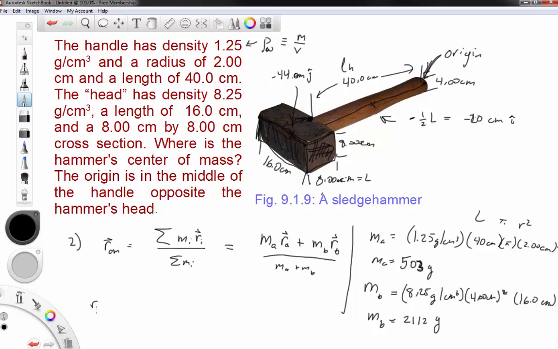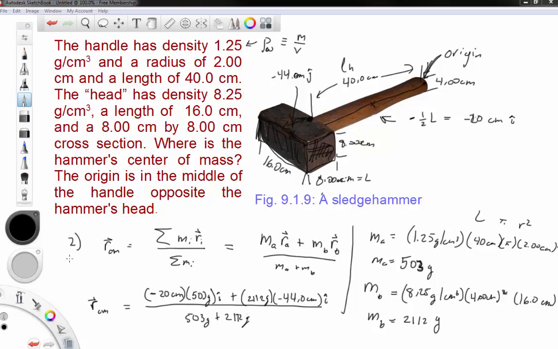So the position of the center of mass is going to be given by minus 20 centimeters times the mass, which was 503 grams i hat, plus 2,112 grams times that position, which is minus 44.0 centimeters, also in the i hat direction, and that's going to be divided by 503 grams plus 2,112 grams.